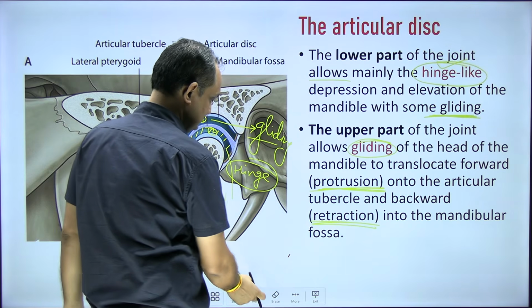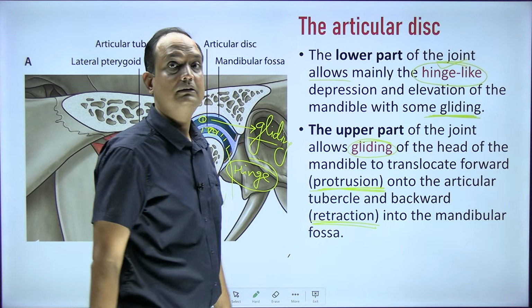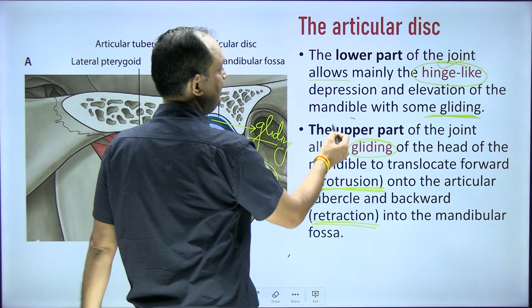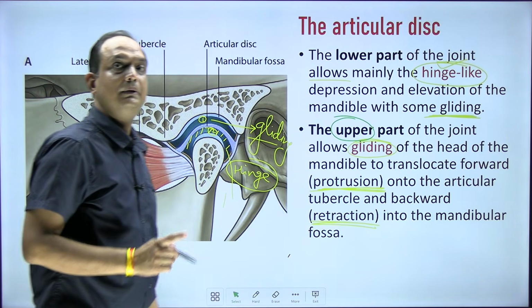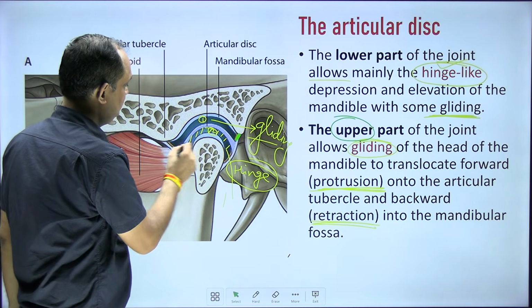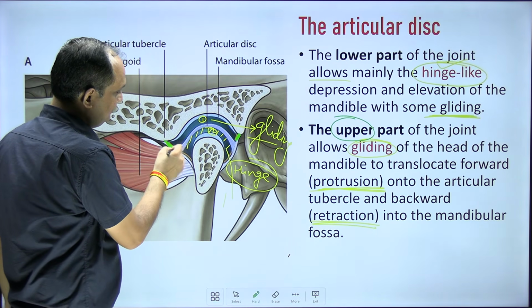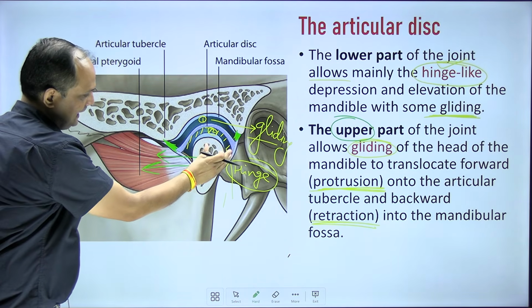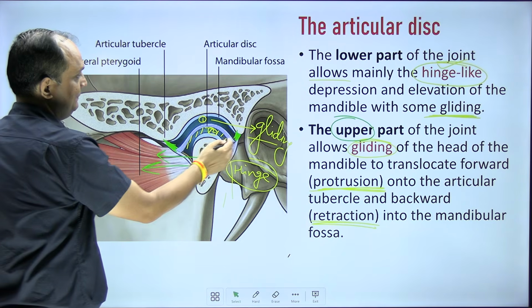And my dear students, here is one more important thing to understand: this gliding movement which is occurring in the upper compartment is possible because, as I already told you, the capsule of this upper compartment is loosely attached. And because of the loose attachment of the capsule, when the gliding takes place, when this head goes forward, what will happen?